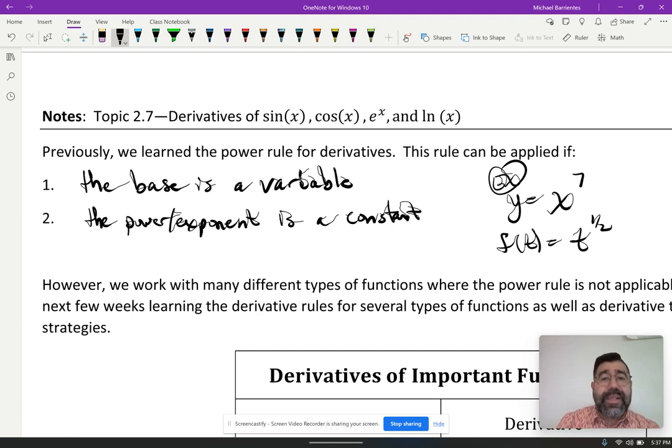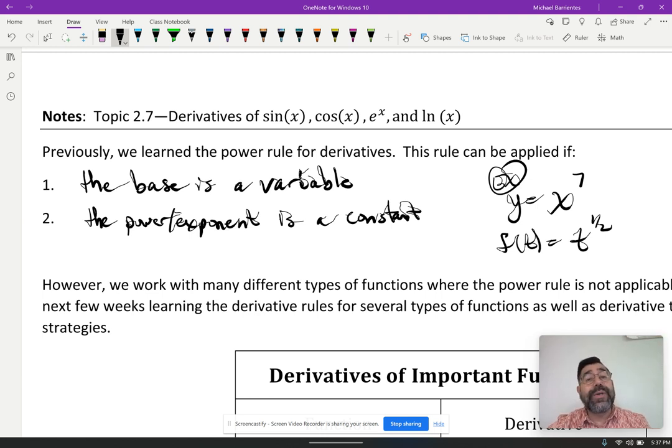Unfortunately, we aren't only using power functions, right? There's different types of functions. And so the purpose of this topic 2.7 is to introduce you to 4 new shortcuts that we're going to use for the derivative of sine, the derivative of cosine, the derivative of e to the x, which is the exponential function, and the derivative of the natural log of x, which is the natural logarithmic function.